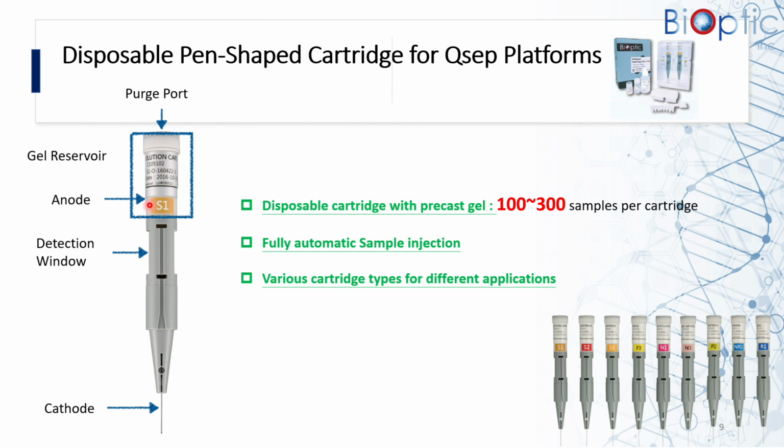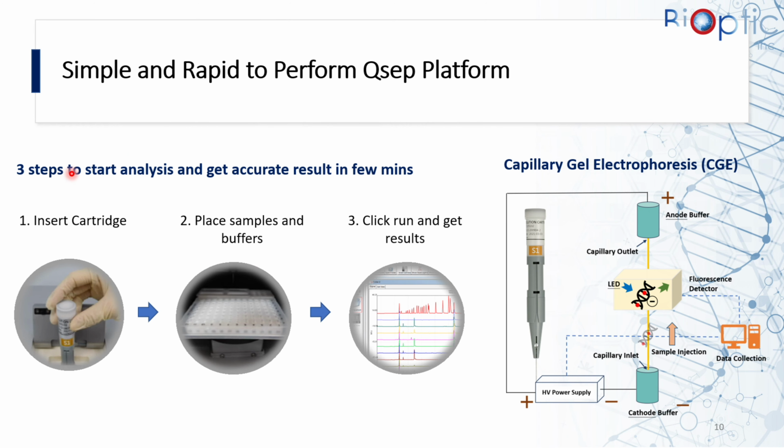Each cartridge can analyze 100 to 300 samples with fully automatic sample injection. Also, we offer more than 10 different precast gels for the cartridges to be adapted for different applications. Users can start the analysis in 3 steps on the QSAP platform: insert the cartridge, place samples and buffers, and then click Run to get the results.